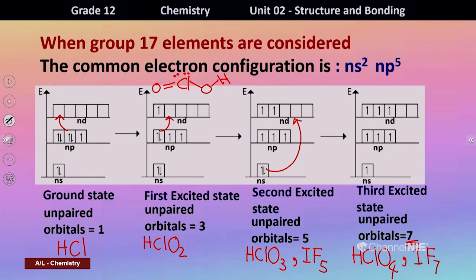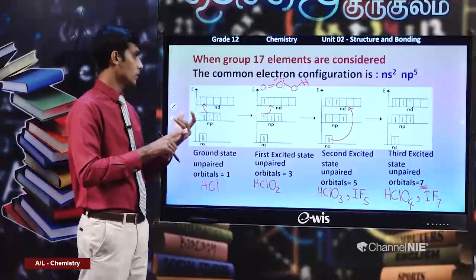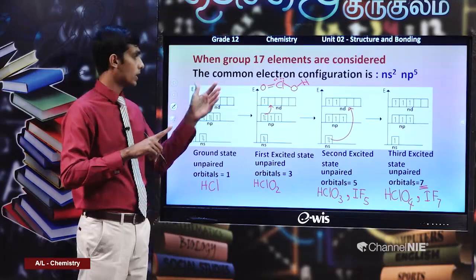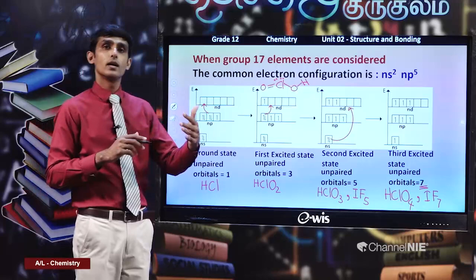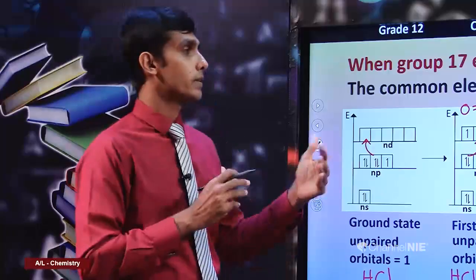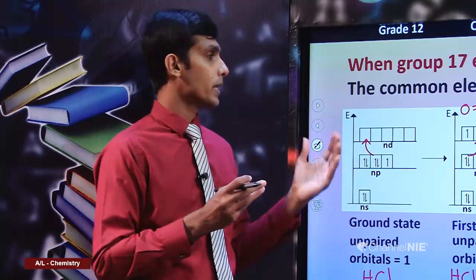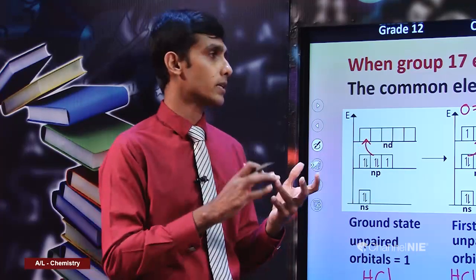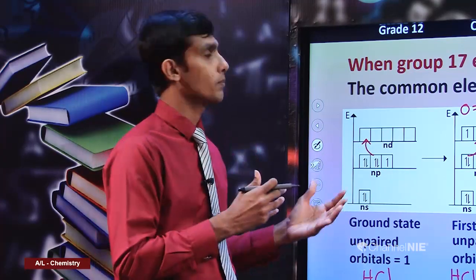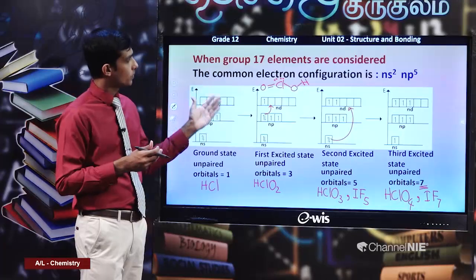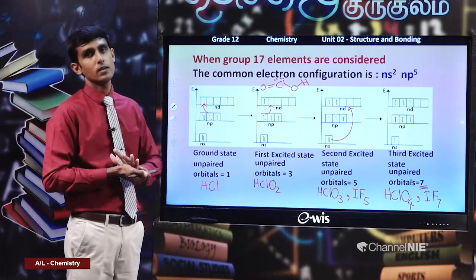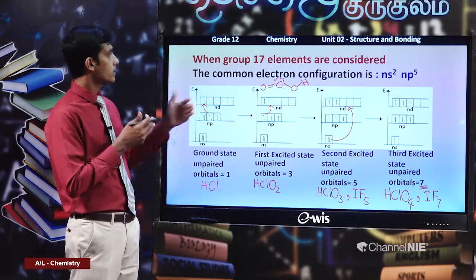So, group 17 elements can form 1, 3, 5, as well as 7 covalent bonds. Accordingly, you will learn in unit 3 when we discuss oxidation numbers that they can show valencies 1, 3, 5, 7 and oxidation numbers such as -1, then +1 also shown, +3, +5, +7. All these are related to each other.